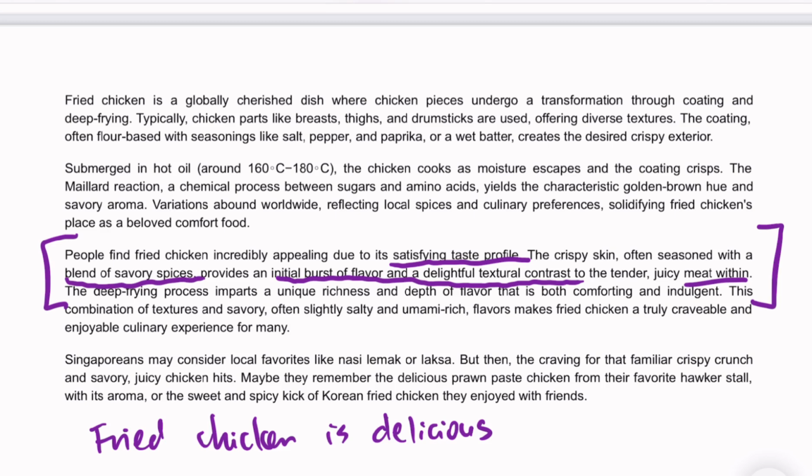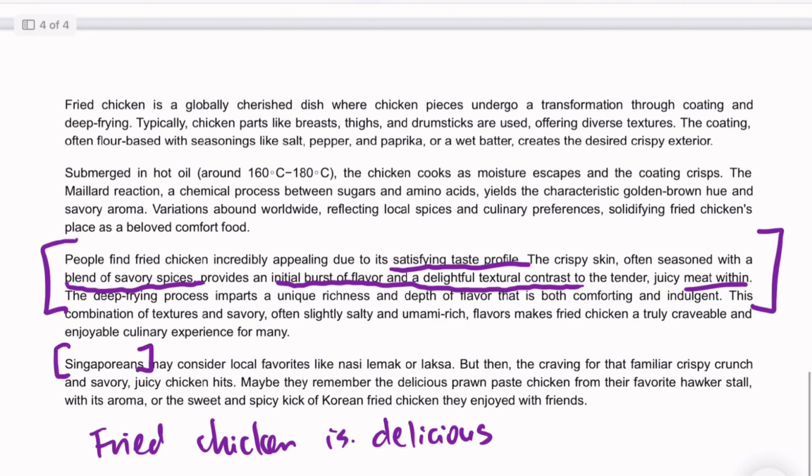Now, like I mentioned, if we are taking information to write for essays or structured questions, we need to provide evidences or examples as well. So in this case here, we look at the example of Singaporeans. How do Singaporeans actually show that fried chicken is delicious?